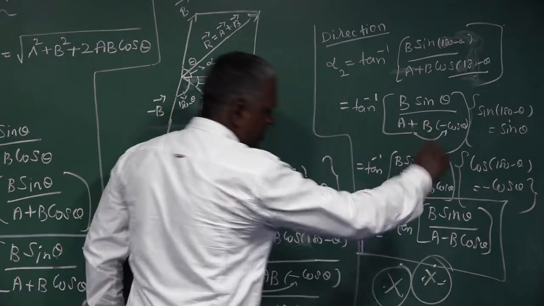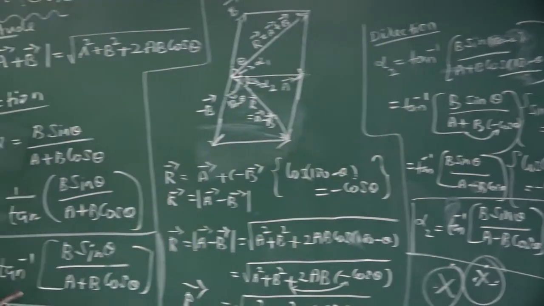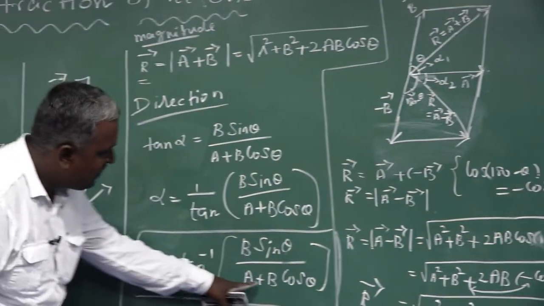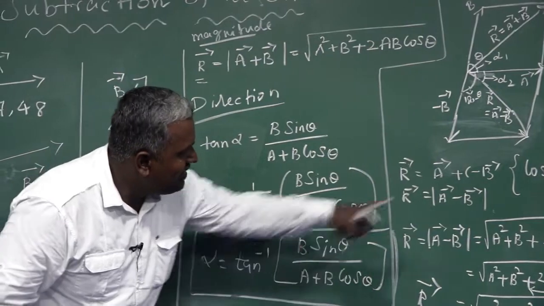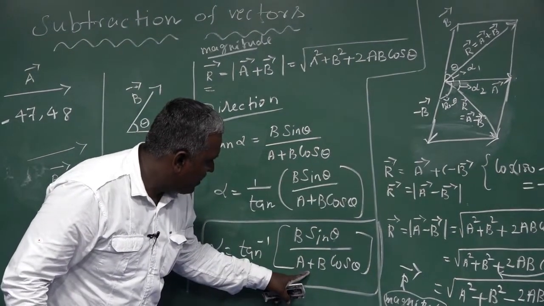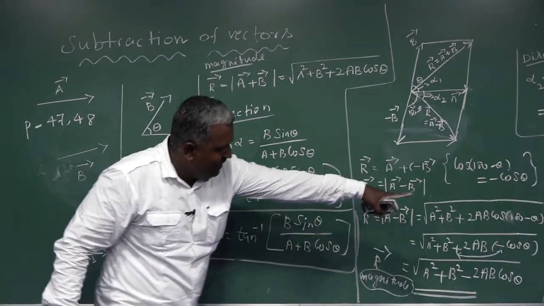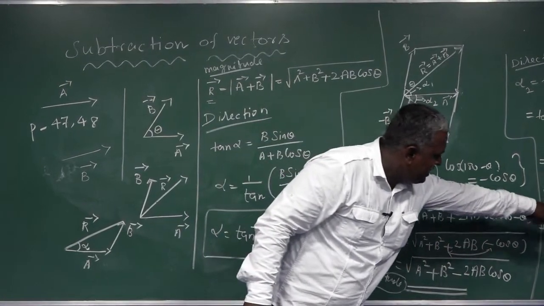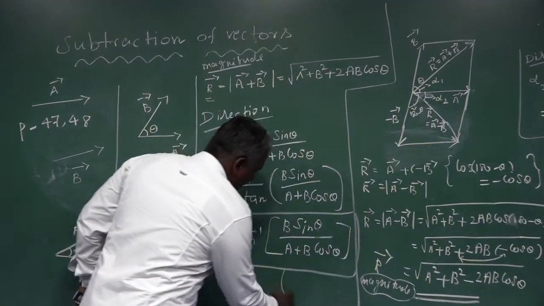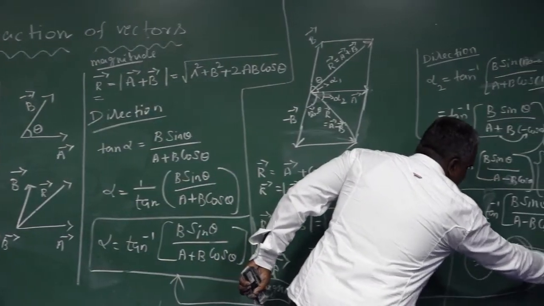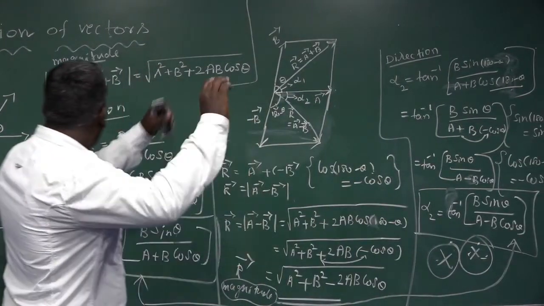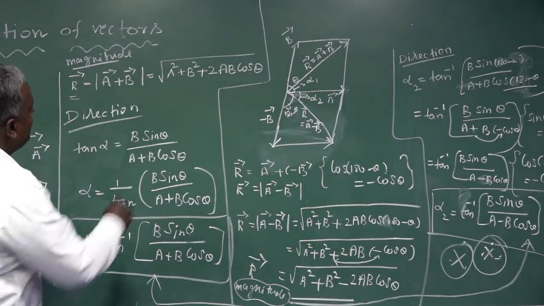Very, very important formula. In addition of vectors it is A plus B cos theta; the rest is the same, but here it is minus. Therefore, compare these two formulas.